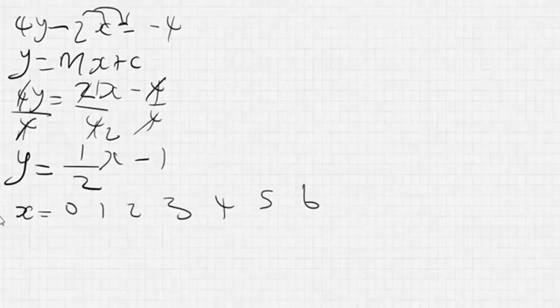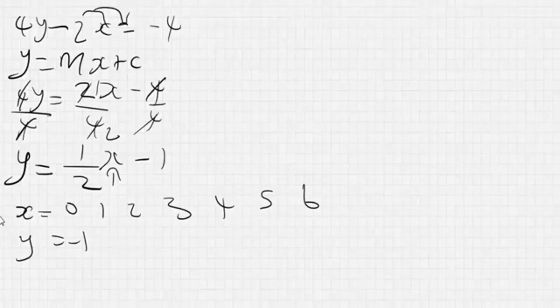Now, when our x is 0, when you plug in 0 here, your output y will be -1. When you plug in 1 here, you're going to get a fraction, half minus 1.